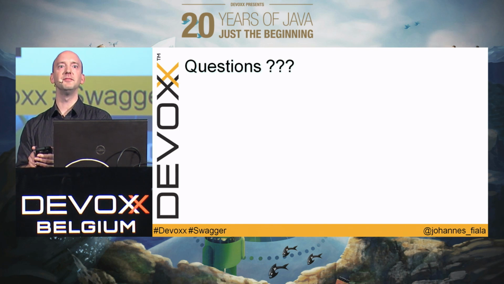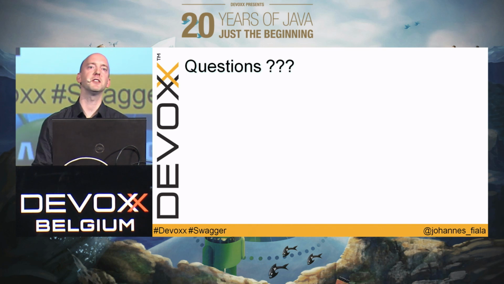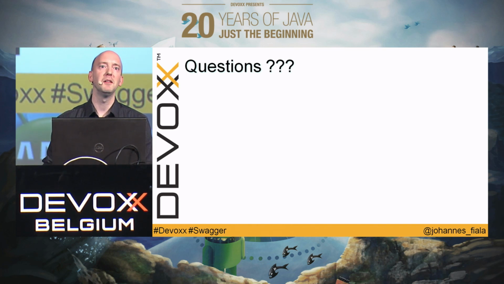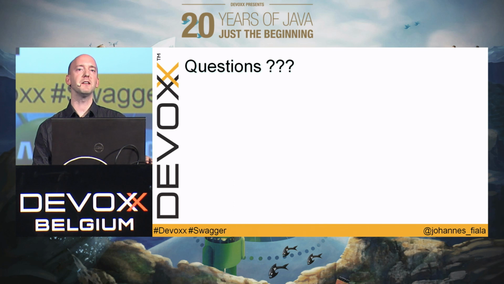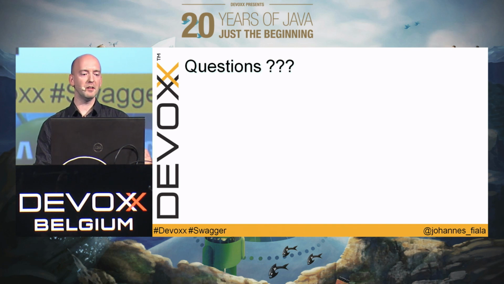Which company is behind Swagger? It's the SmartBear company, but the Swagger specification standard is developed with other companies. So Microsoft and PayPal are also using it, and it's a standard, and I think it's the most used standard right now.